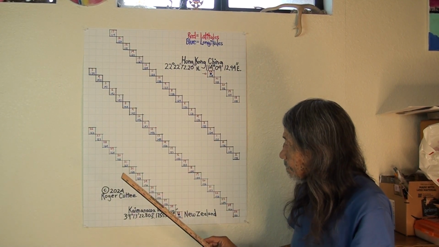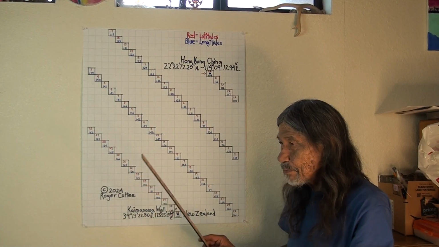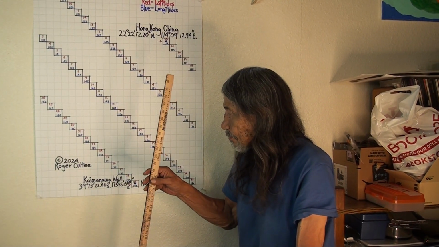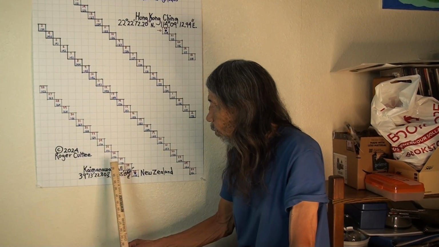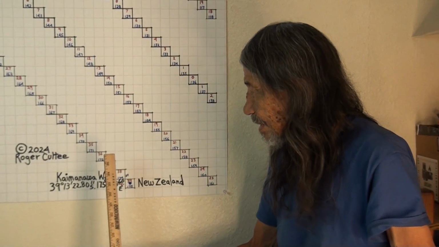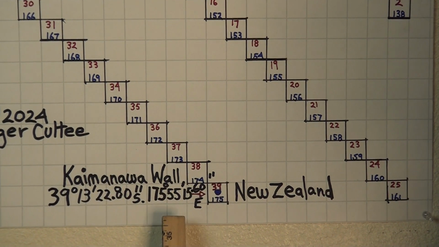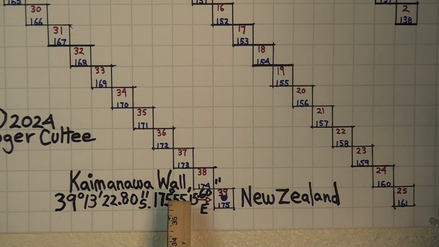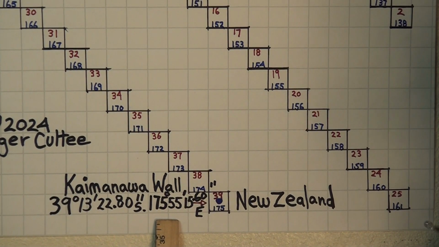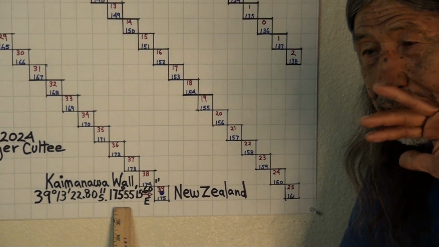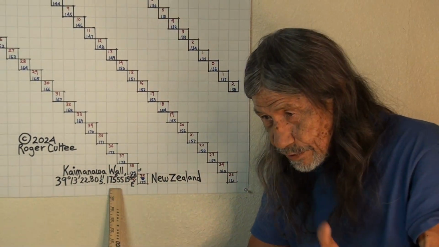So these are the trade markers that are going to show that the Kaimanawa Wall is a man-made structure, and it was utilized by not only the people of New Zealand, but mainly by the people trading with the people of New Zealand.